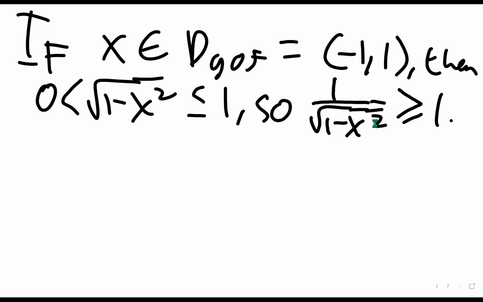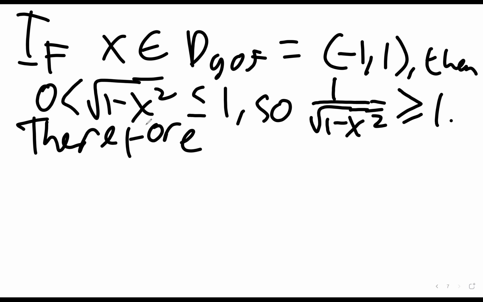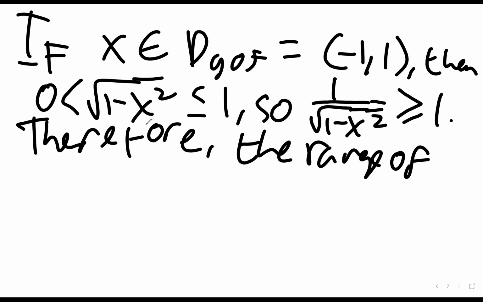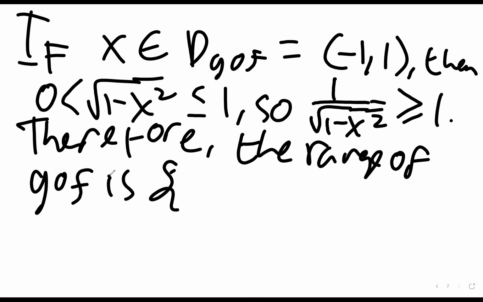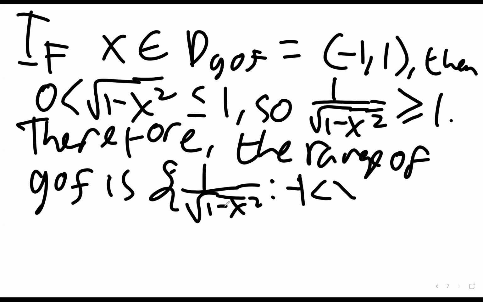Therefore, the range of G composite F is the set of numbers y, or you can write it directly, the set of numbers 1 over square root of 1 minus x squared, where x is in between minus 1 and 1.